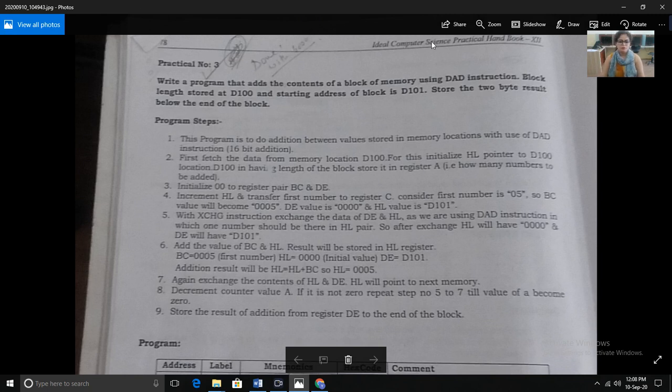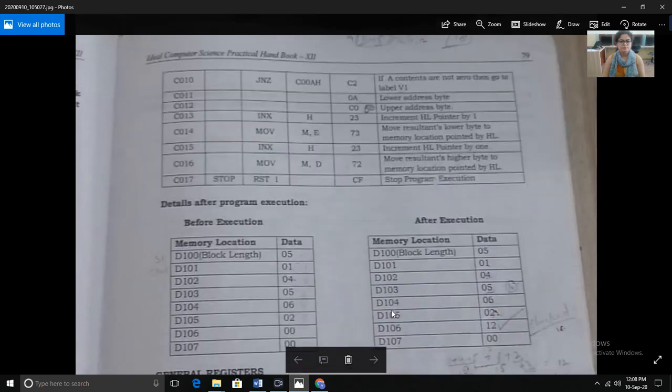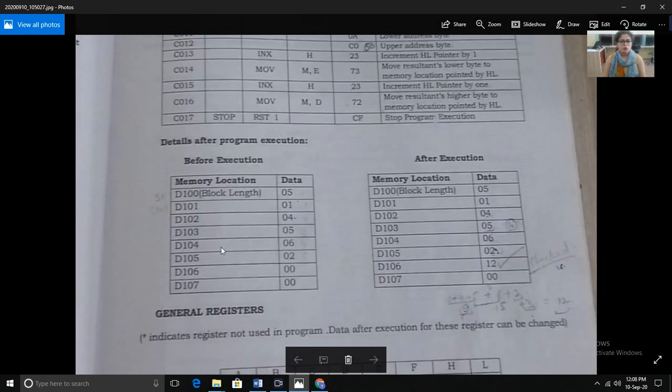So now first of all we will see what we have to do. Look at this part, before execution. This is the address D100, which I am assuming as 5100. The length of the block is 5, which means we have to access the next 5 memory locations where the data is stored.